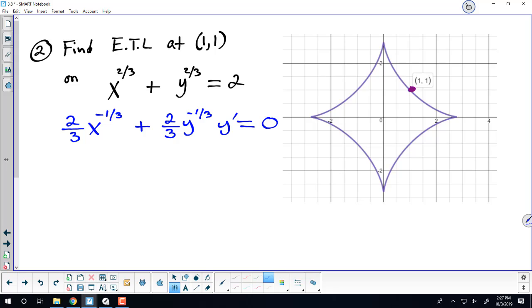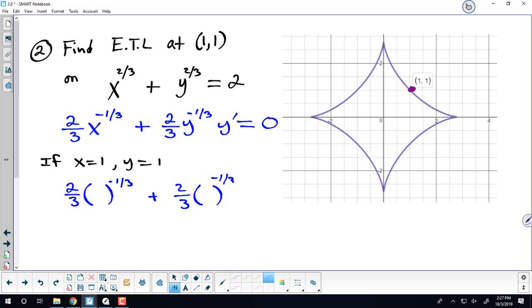Now, we could, of course, solve for y prime, but I think it's easier, since we're actually just given a point, to find the slope of the tangent line by directly plugging into the equation that we have here. So if x is equal to 1 and y is equal to 1, what we have is 2/3 times 1 to the negative 1/3 plus 2/3 times 1 to the negative 1/3, and all of that is times y prime equals 0.